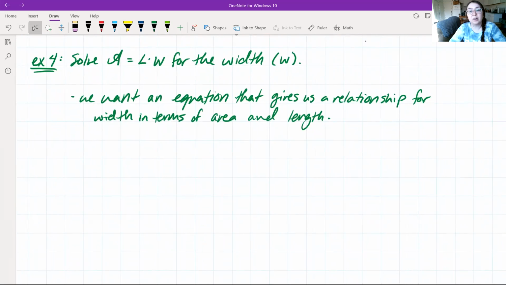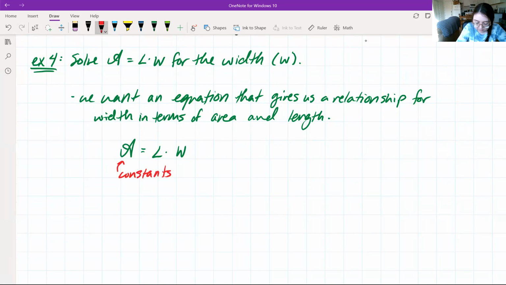So if we want to solve for width in this case, and we're treating now area and length as constants, we can go ahead and solve for this equation like how we would any other equation. So we want to divide out our length.